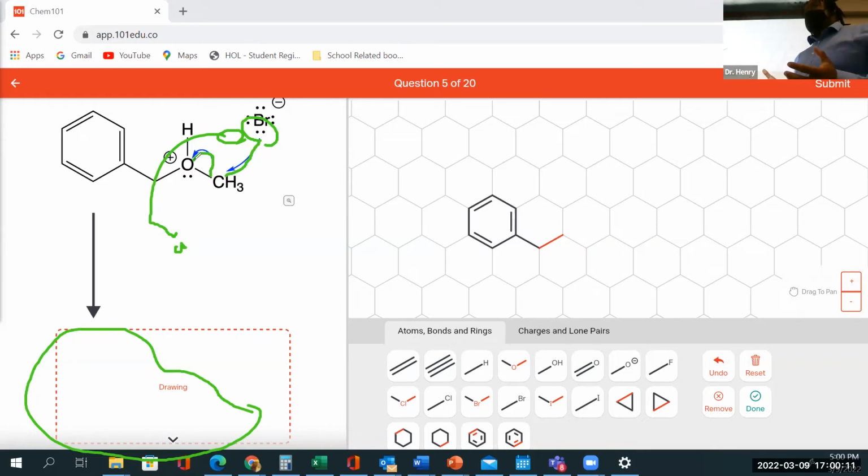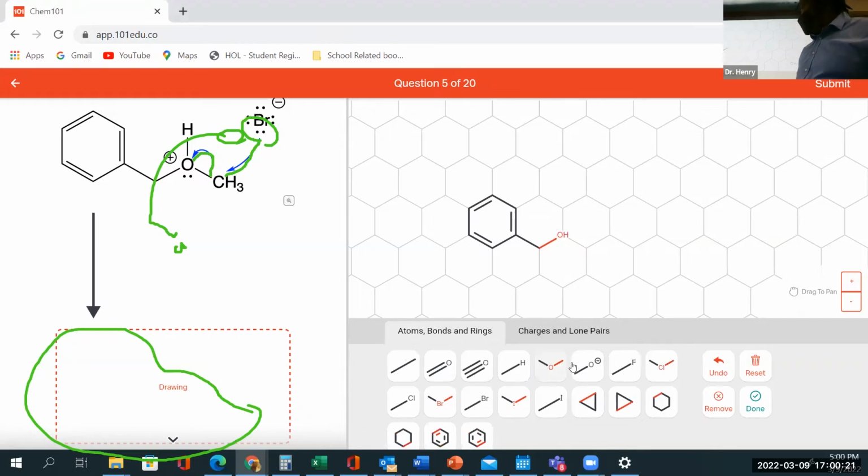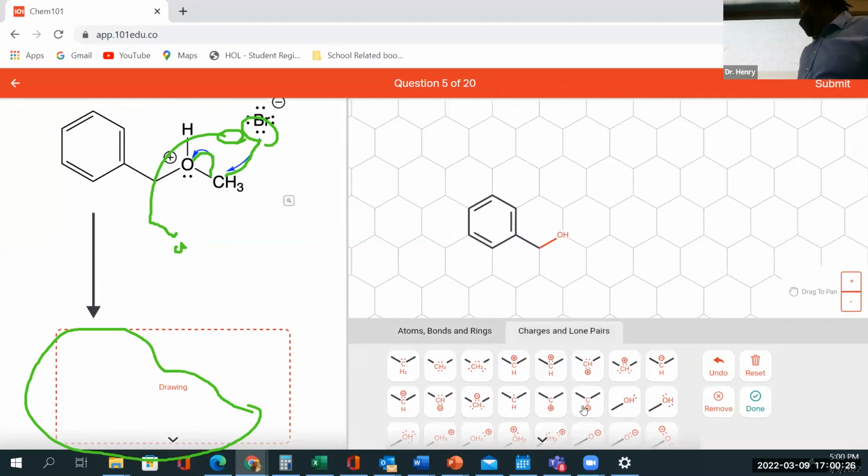So then oxygen, we have this. Don't forget its lone pairs, right? Okay, lone pairs. That work? Anything else? So then we end up with just an alkyl halide, right? As our byproduct.